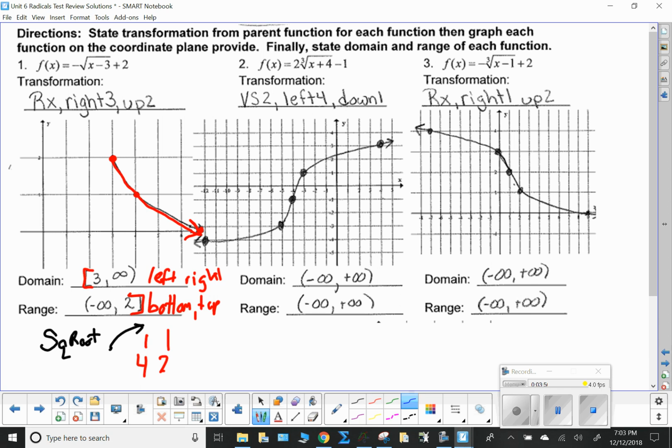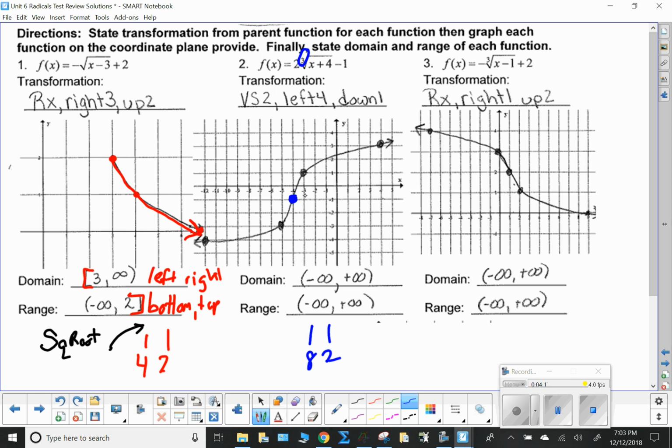Number 2, this is a cubic, so I know I'm going to have the S shape. It's got a vertical stretch of 2, left 4, down 1. So I'm going to take my point and go left 4, down 1. Now I'm going to use my 1, 1, 8, 2 pattern.